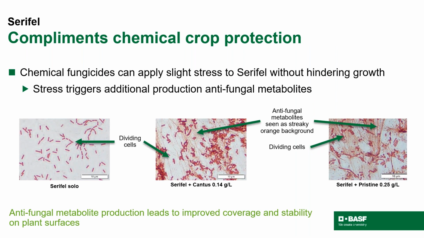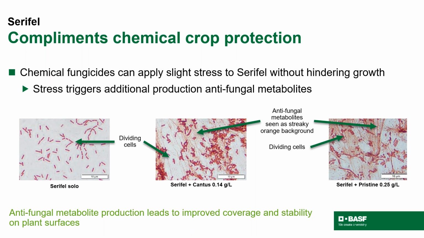So if we take a closer look at what this means and what happens when Serifel is tank mixed with certain fungicides, we see that some of these fungicides can apply a slight stress to Serifel without hindering growth. Also, the stress triggers additional growth for improved coverage and stability and the production of antifungal metabolites.